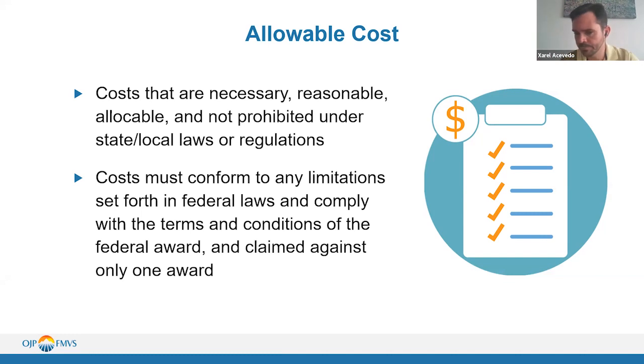If it's illegal, they're not allowable, okay. And then costs must conform to any limitations set forth in federal laws and comply with the terms and conditions of the federal award and claimed against only one award. Okay, I think we've covered that in a previous slide.